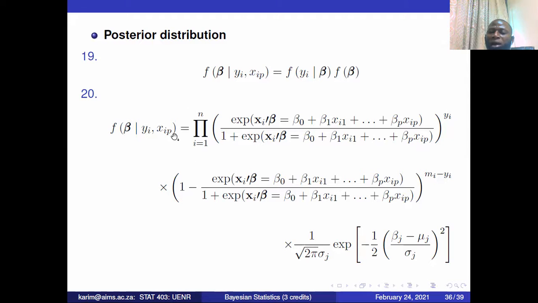So we multiply our density function by the prior distribution here. Now you can see this function is very complex, and whether we will get a closed form, we don't know. So the best approach is to resort to numerical methods to estimate this.